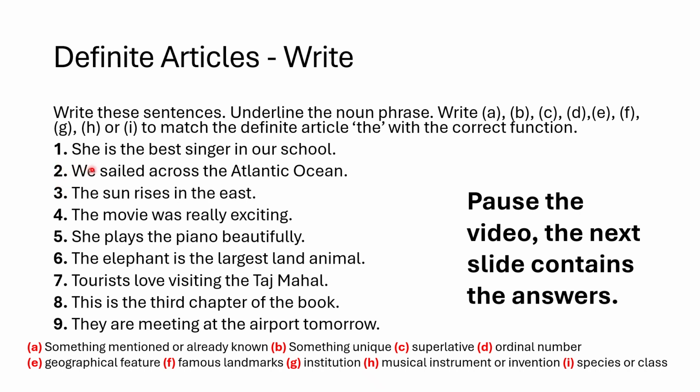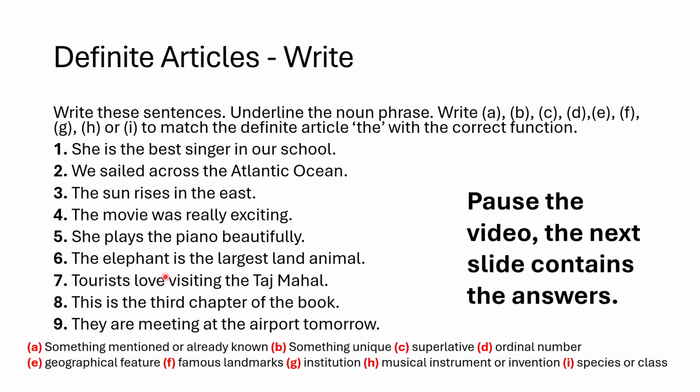1. She is the best singer in our school. 2. We sailed across the Atlantic Ocean. 3. The sun rises in the east. 4. The movie was really exciting. 5. She plays the piano beautifully. 6.